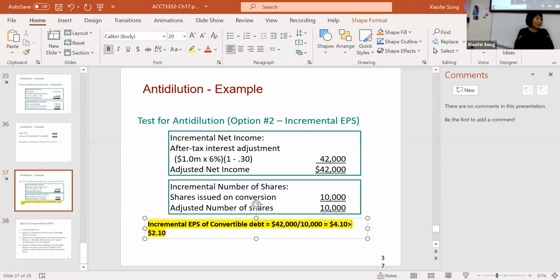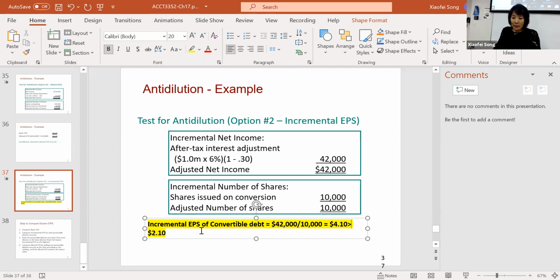In fact, if you have multiple potentially dilutive securities and you calculate the incremental earnings per share of each, you can tell which is dilutive and which is not. Not only that, you can also tell the degree of dilutiveness: which is more dilutive, which is less dilutive, and which is not dilutive at all.